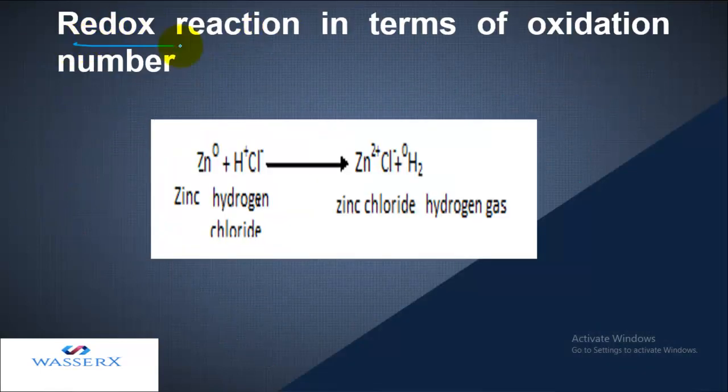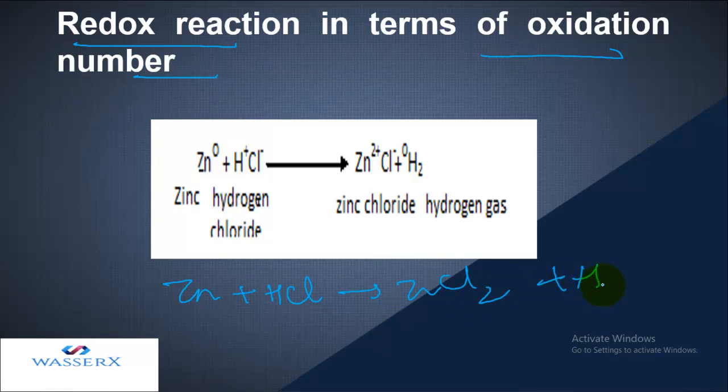Now let's do redox reaction in terms of oxidation number. Let's take one example. In this we have zinc plus HCl forming zinc chloride and H2. Let's write the reaction again. Zn plus HCl forming ZnCl2 plus H2. The first step is to write the equation like this in a skeleton form. The second step is to assign the oxidation numbers as per rules.